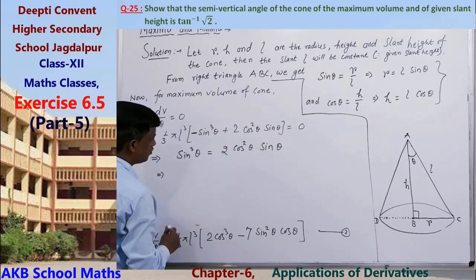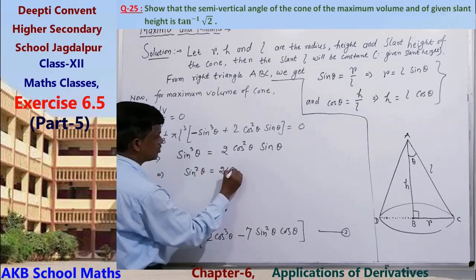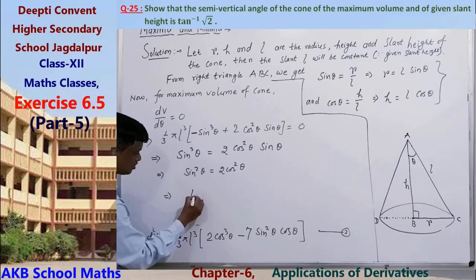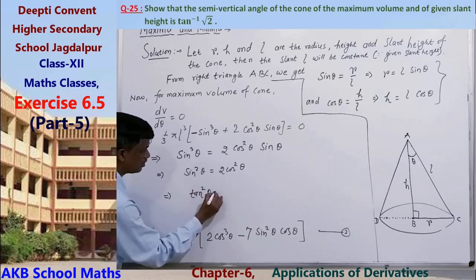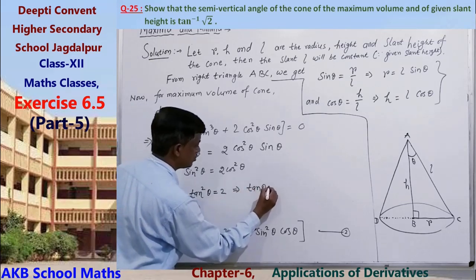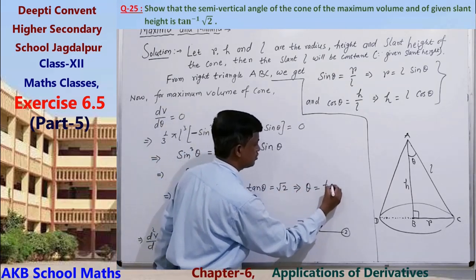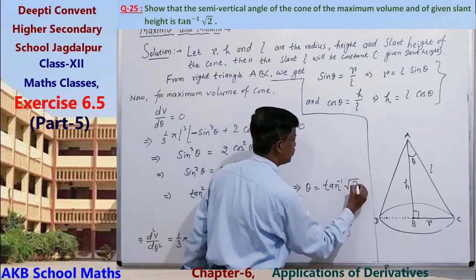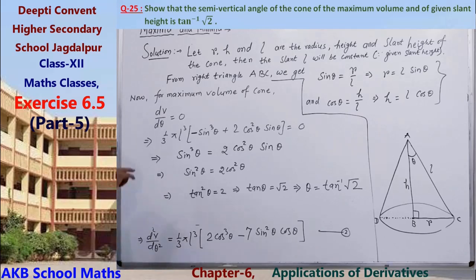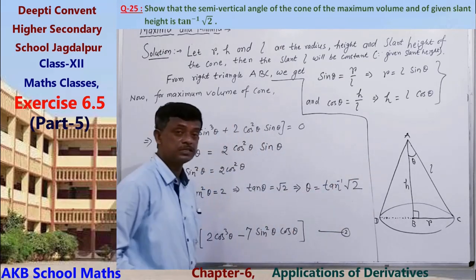One sin can be cancelled out, sin square theta equals 2 cos square theta, that means sin square upon cos square, tan square theta equals 2, that is tan theta equals root 2, that is theta equals tan inverse root 2. For this value of theta, the volume of the cone is maximum.